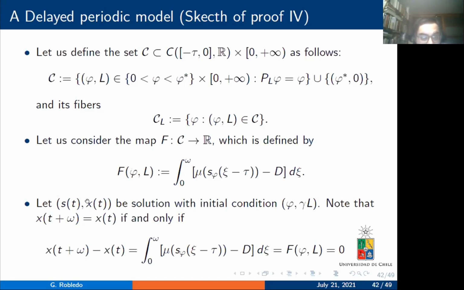So this coordinate will be periodic if and only if this function is 0. On the other hand, note that this initial condition satisfies this property. So we have periodic solutions here and periodic solutions here.